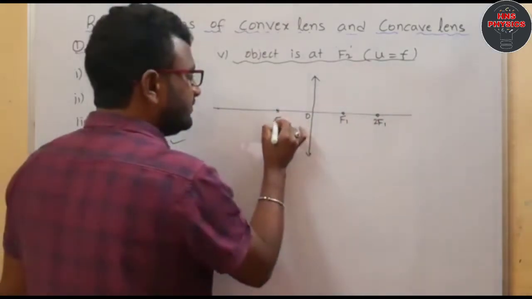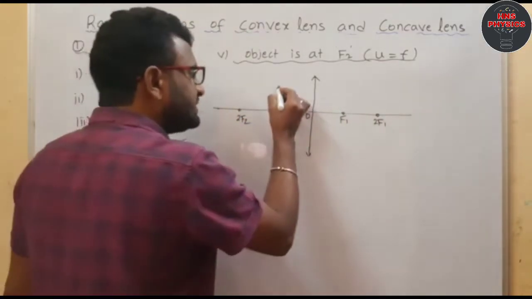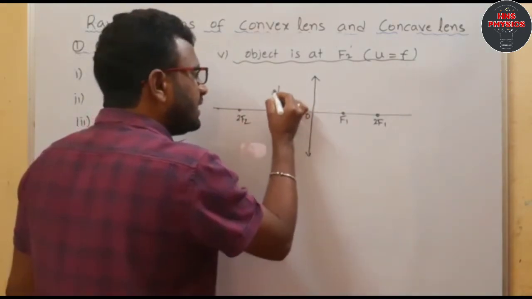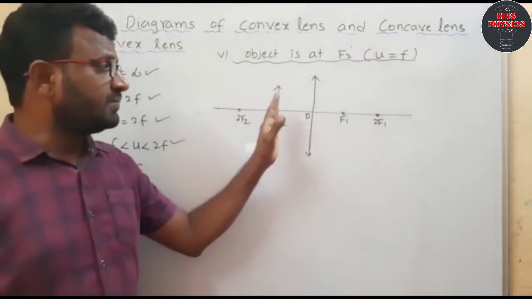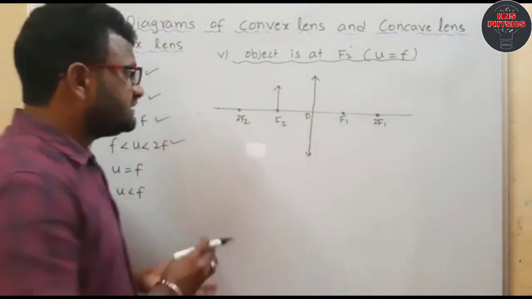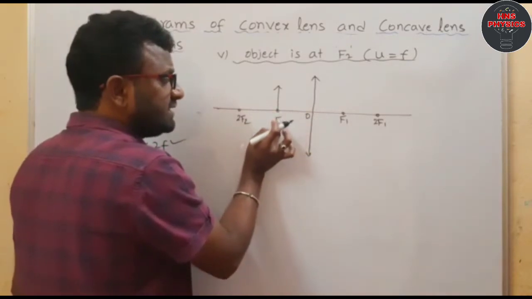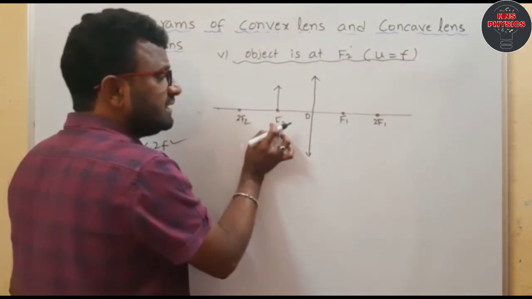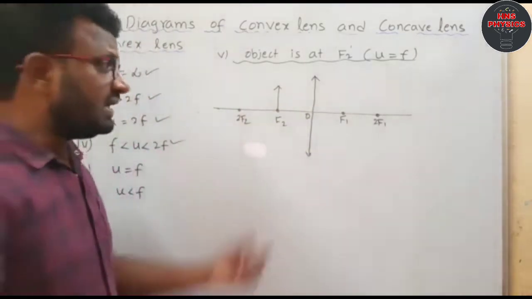This is f2 and 2f2. Now your object is placed at the distance of f2 from the lens. That means u equals f.